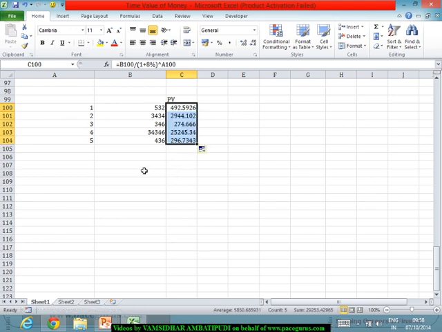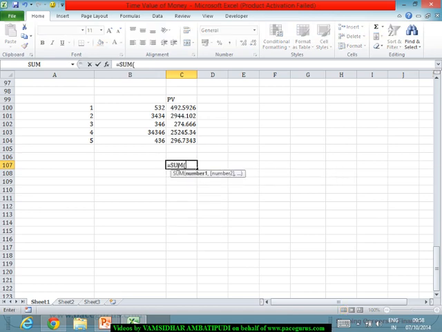For me, the total present value is working out to this number. Similarly, I am finding out the future value of all these cash flows. Because I am depositing it after 1 year, this will be invested over a 4-year period.